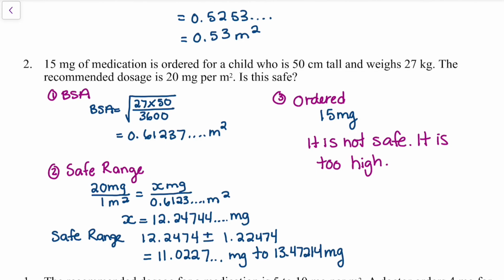And because they're not asking us how much medication to give them, a certain number of tablets or a strength of a tablet, they're just asking if it's safe. So in that case, we want to try and not round as much as possible, but in the end, I'm just going to keep 3 or 4 decimals because that will be plenty in order to compare our 15 milligrams. Okay. So the final answer is it is not safe, it is too high.